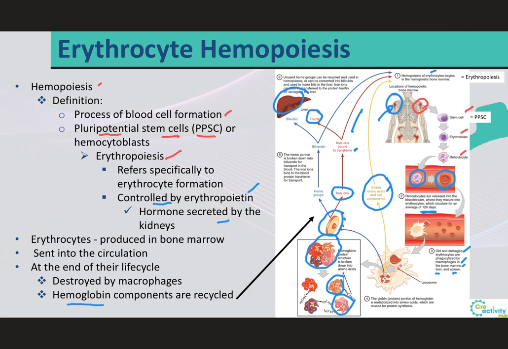And the non-iron portion of the heme is going to be degraded into the waste product biliverdin, which is a green pigment. Verdin means green, and then it will be converted into another waste product, which is called bilirubin, and this one is now a yellow pigment.